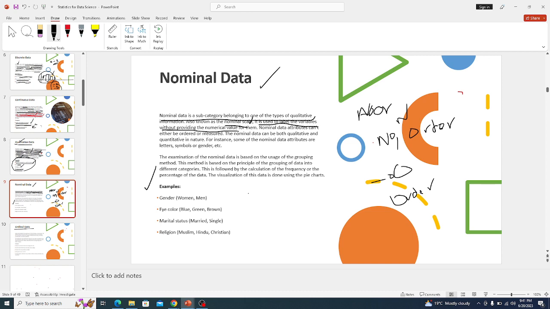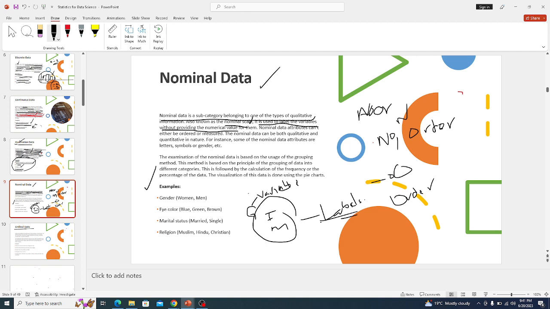Providing a numerical value. For example, gender is a variable. And under gender, we have what? Female or male. These are labels.